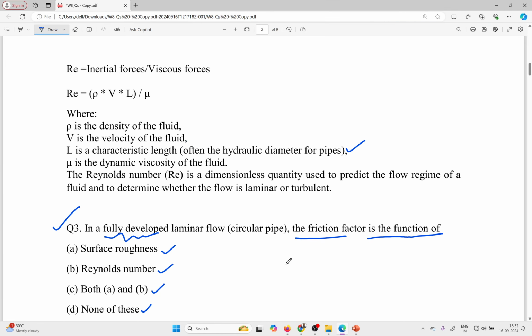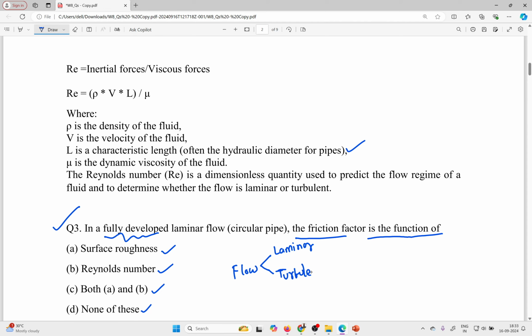So, I hope you know about the Moody's diagram. I'll discuss it later. But for this question, here we are talking about the flow. Your flow may generally be turbulent, maybe laminar, or transition, but only for very few minutes or few times.